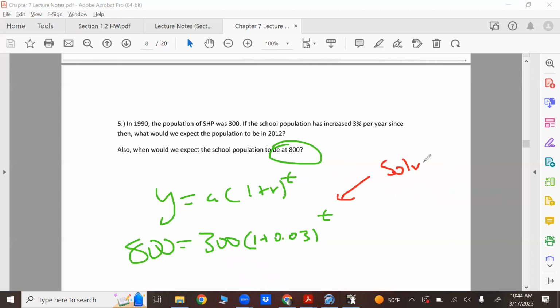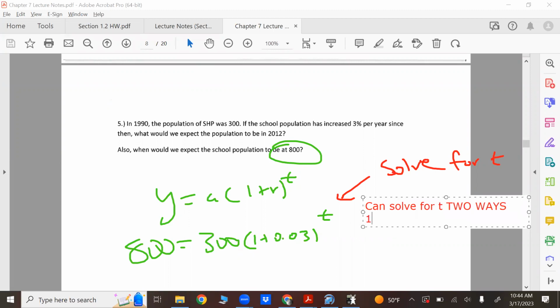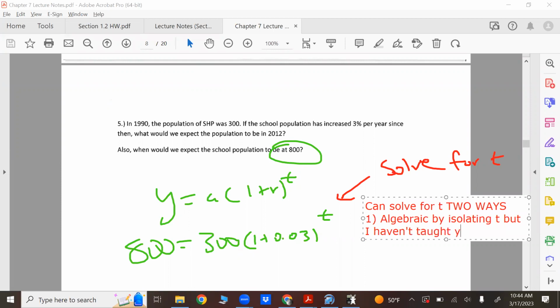Now this problem right here. Guys, I really need you to focus. I know you're a little squirrely, it's Friday, I get it, but this is very important. When we solve for T, you can do it two ways. One way is algebraic, by isolating T, but I haven't taught you how to do that.